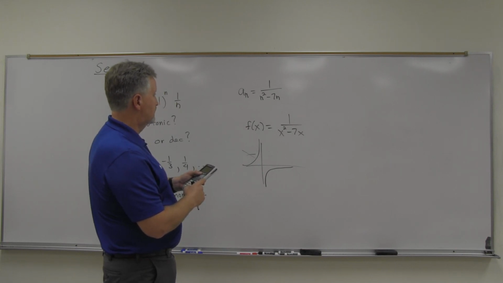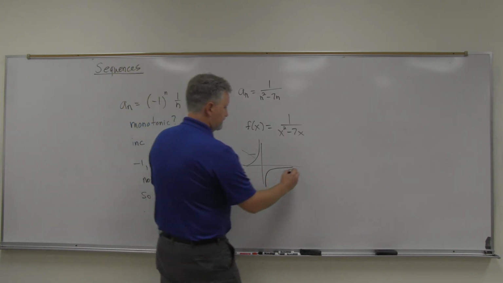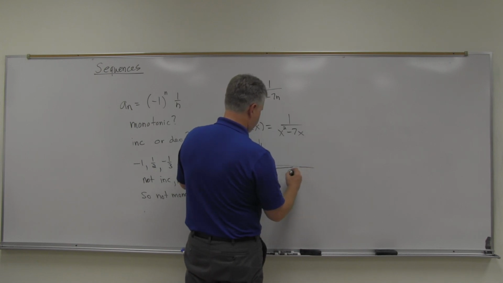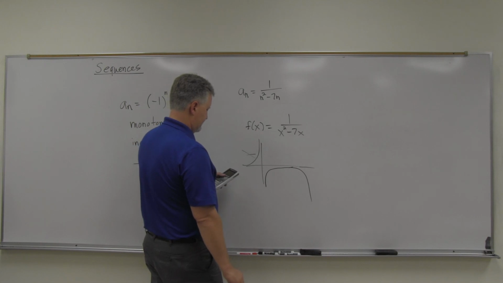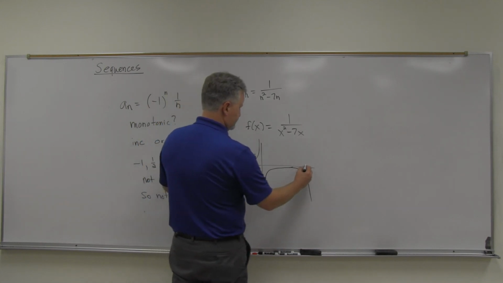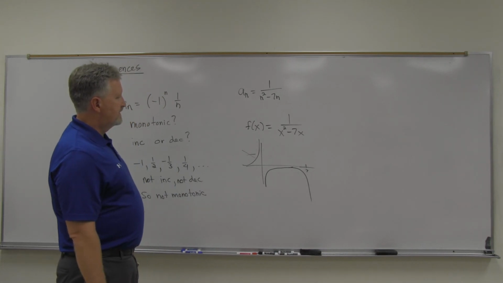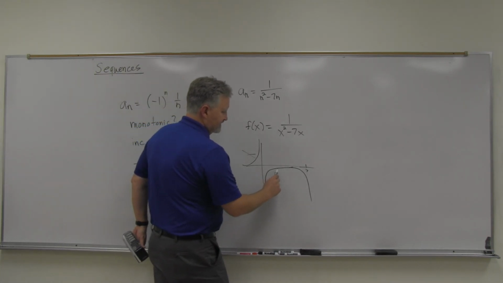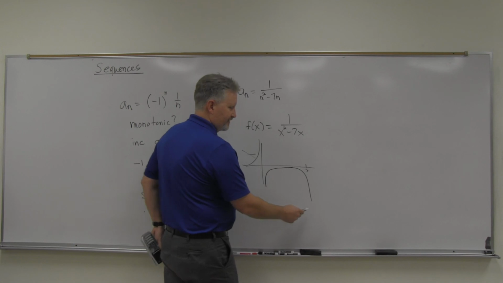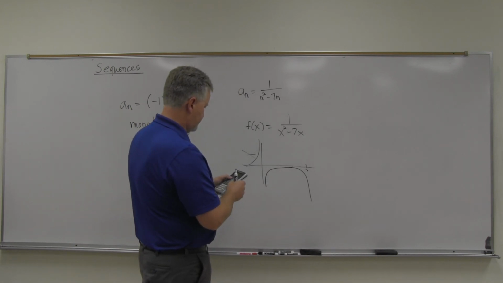Oh yeah, it's really got something going on right there as you get out to 7, because there's a vertical aspect with 7. It looks like it's increasing a little while, but then it drops off, and then after that, I'm not even sure what it does.